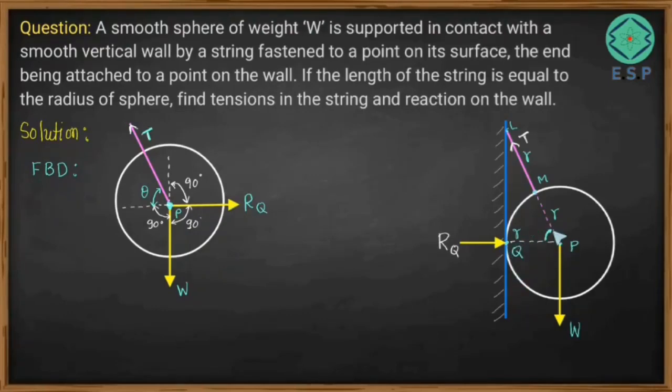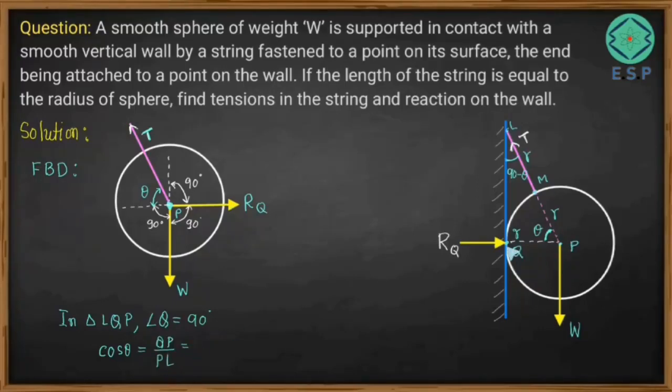If I call this angle theta, then in triangle LQP, angle Q is 90 degrees. Using cos theta by the trigonometric ratio, cos theta is the adjacent side, that is QP, divided by the hypotenuse, that is PL.